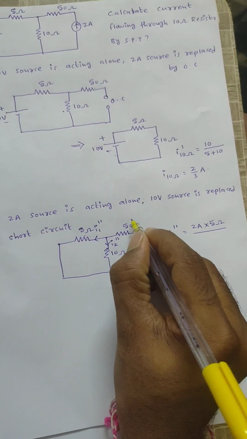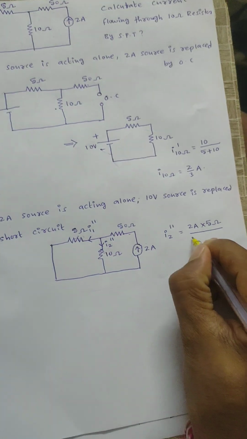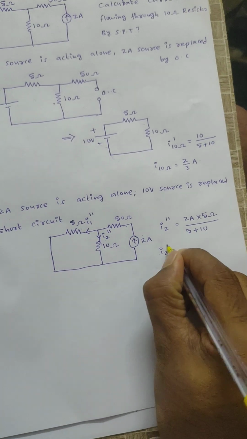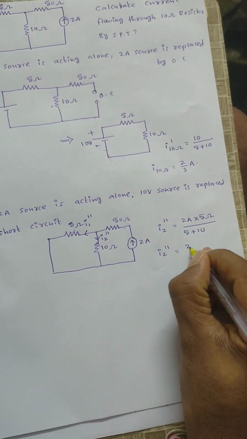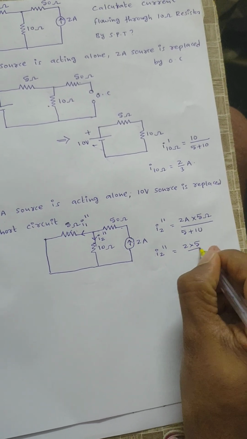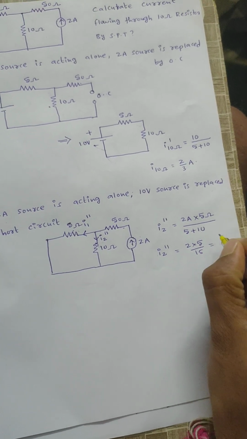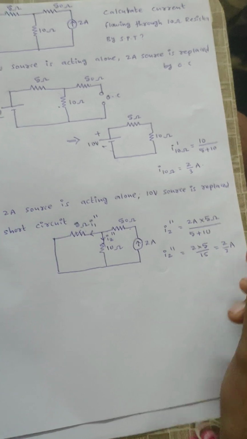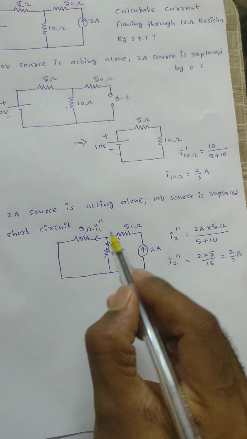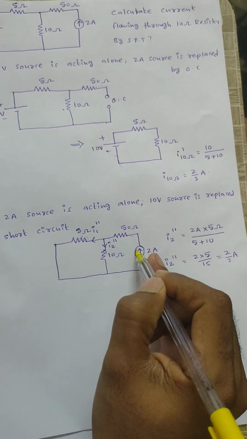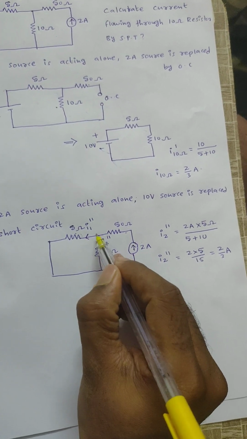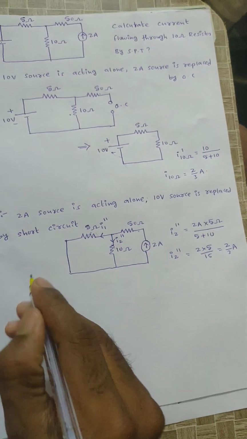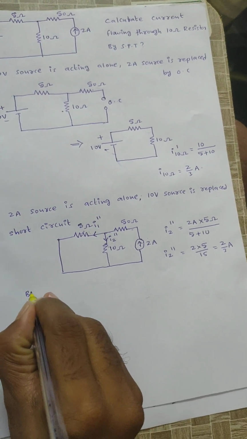Don't consider this series value. 5 plus 10, so I2 double dash equals 2 into 5 by 15. Again you will get 2 by 3 amperes. If you don't remember this formula, you can directly apply nodal analysis, and you will also get the same answer.